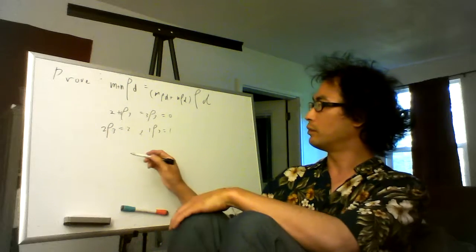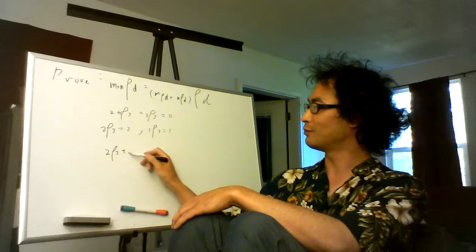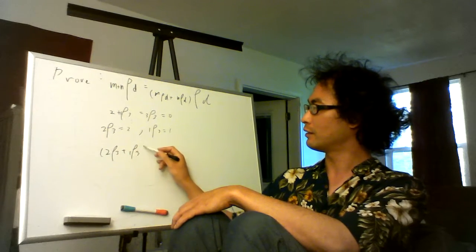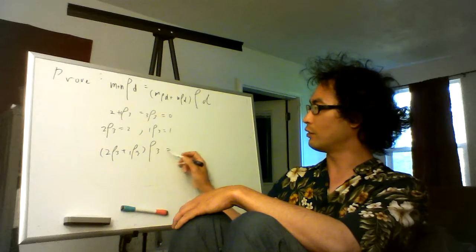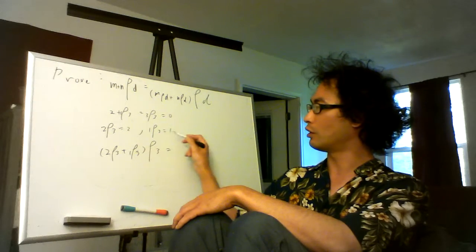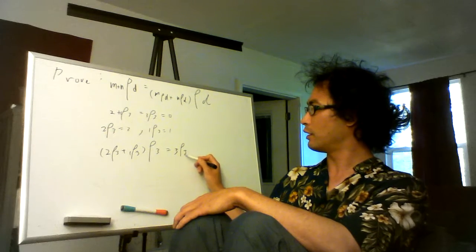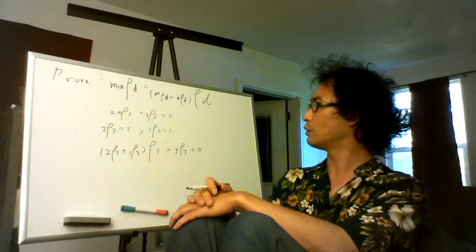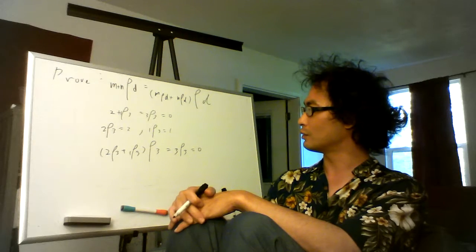And 2 row 3 plus 1 row 3, row 3 is what, 2 plus 1, okay, 3 row 3 is 0, okay, so it satisfies this equation.